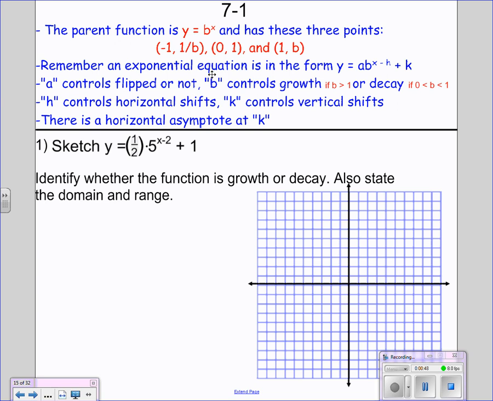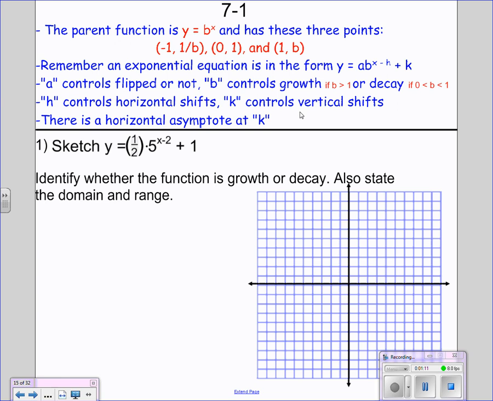Also remember that a transformation equation has the format a times b to the power of x minus h plus k. A controls whether it is flipped across the x-axis if it's less than 1.